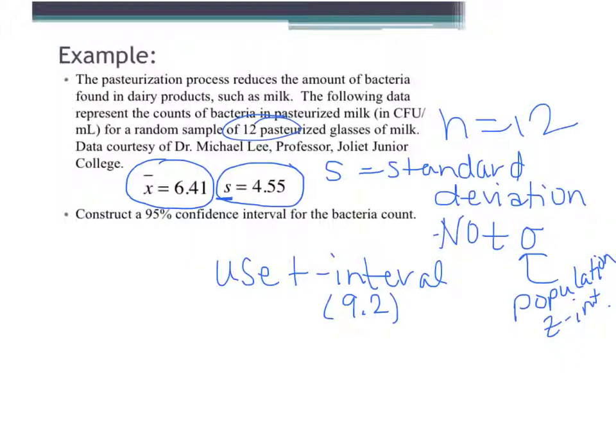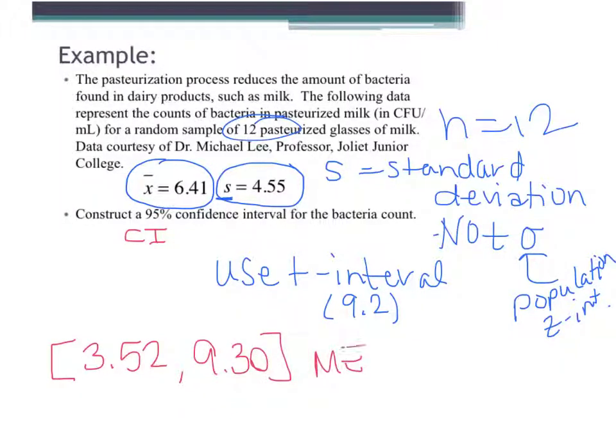And so the 95% confidence interval, so that's your CI level, should give you the answer of 3.52, 9.30 with a margin of error of 2.89. So go ahead and pause the video and make sure you can get that calculation before moving on.